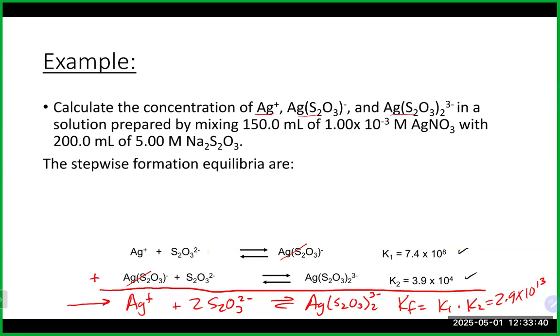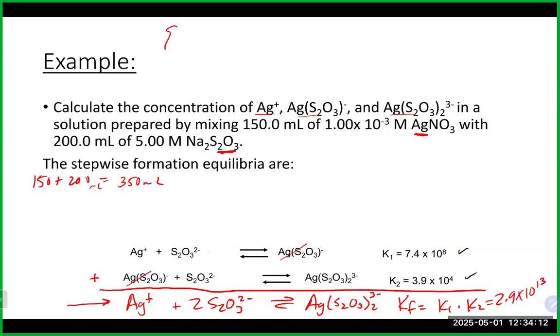With that being said, we do need the concentration of each of these things after they've been mixed together. The silver nitrate is going to be our source of silver, while the Na2S2O3 will be our source of the S2O3 2 minus, the thiosulfate. So our total volume is 150 plus 200 milliliters, which gives us a 350 milliliter total volume.